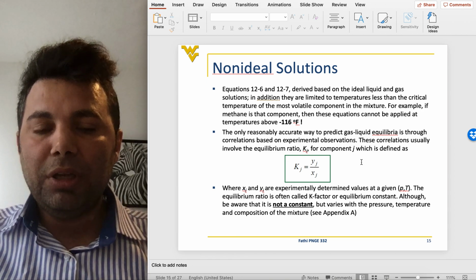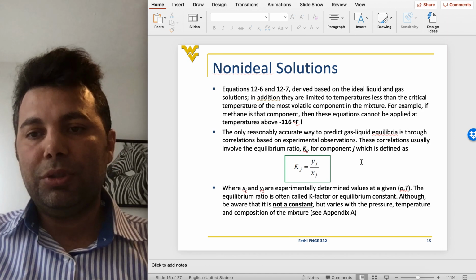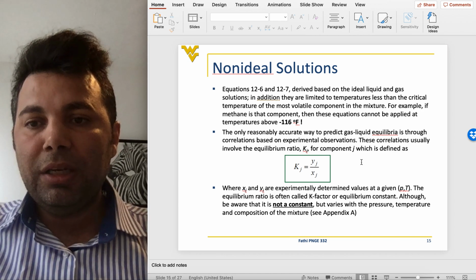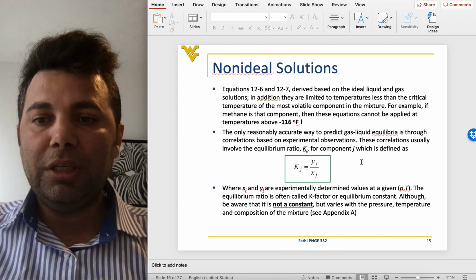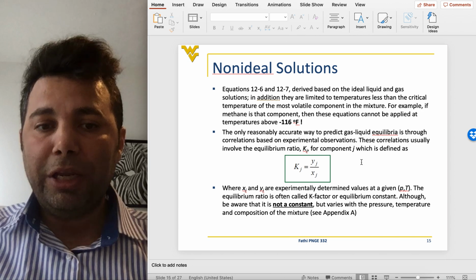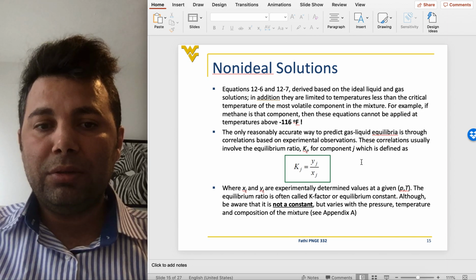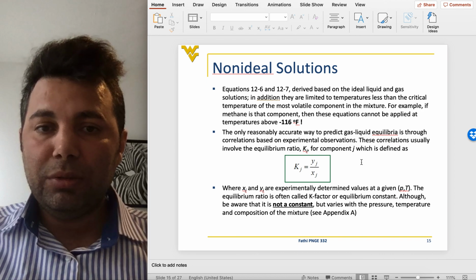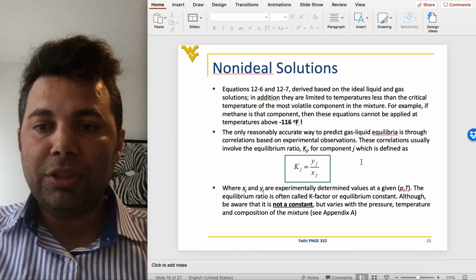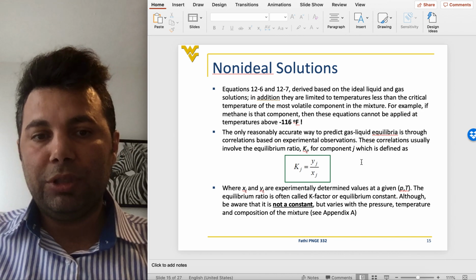So we are relying on a series of experimental procedures which have been done, and people have come up with the coefficient which is called K, the equilibrium ratio. With this K equilibrium constant, or K factor, we can modify the equations that we developed for ideal solutions such that they work for non-ideal solution.